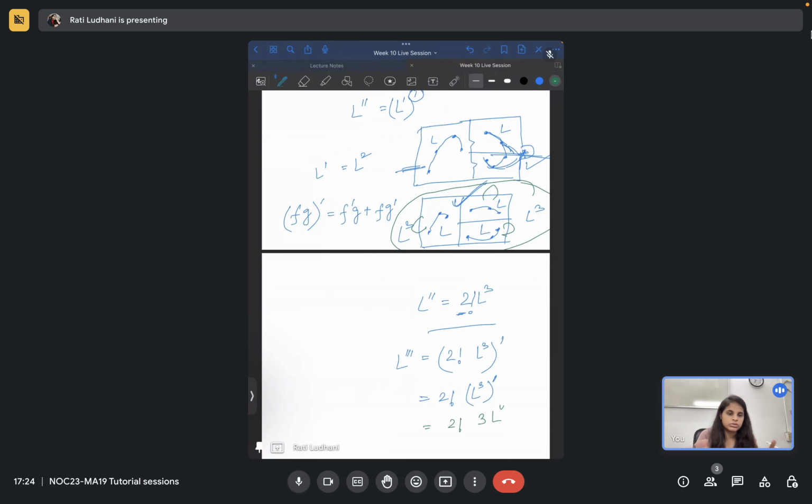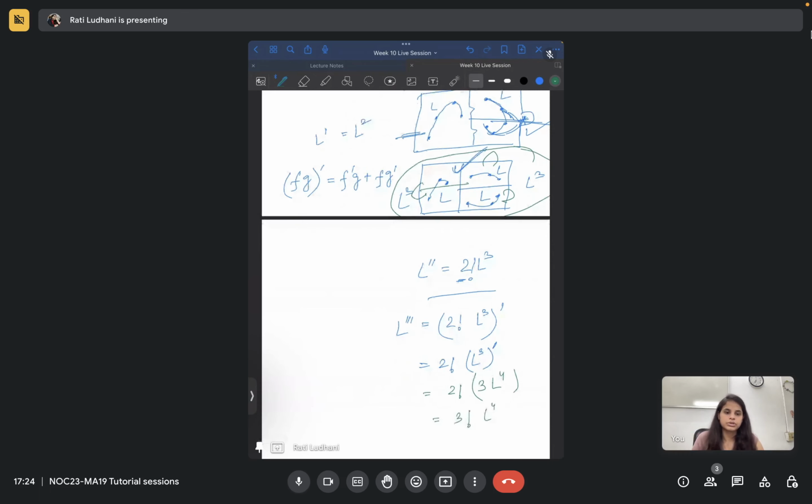You'll get 4 parts now with 3 as a multiple because you can do it on any of the sides. So you'll get 3 factorial L^4, and you go on, so you'll get n factorial L^(n+1).